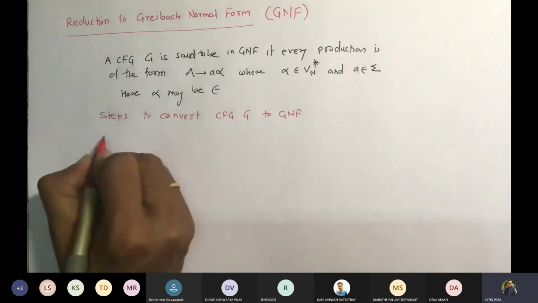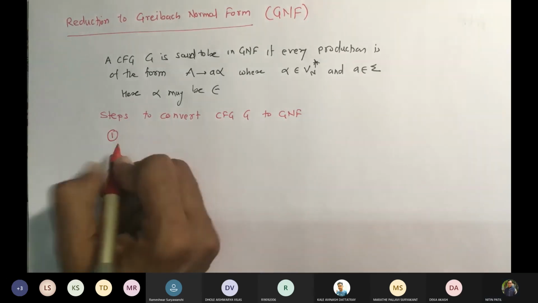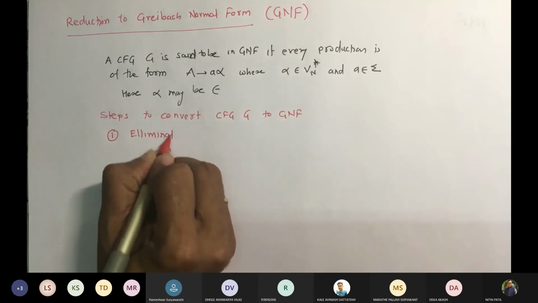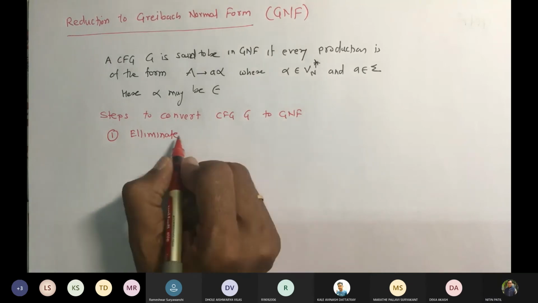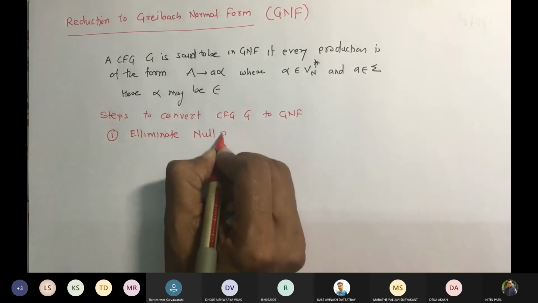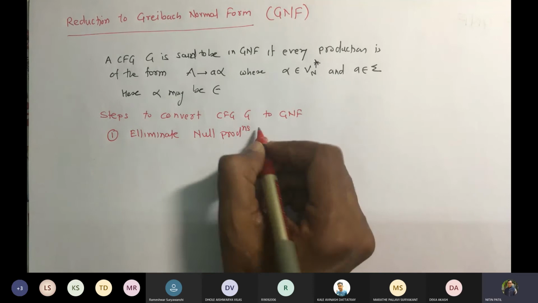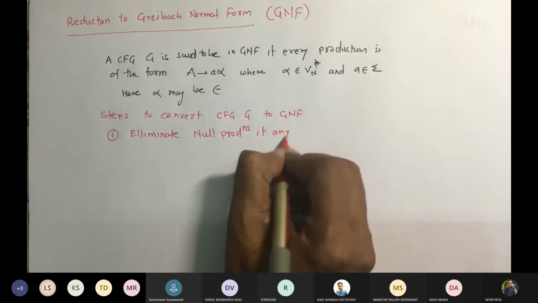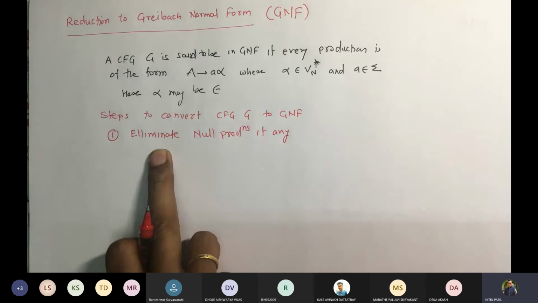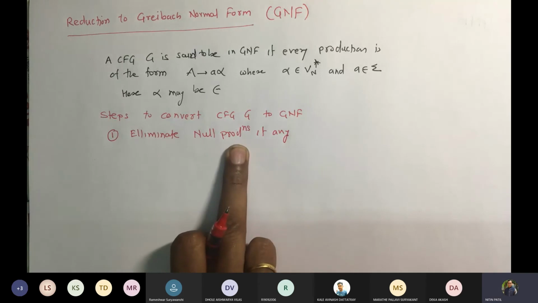First, eliminate null productions, if any. So the first step is to eliminate null productions, if any.